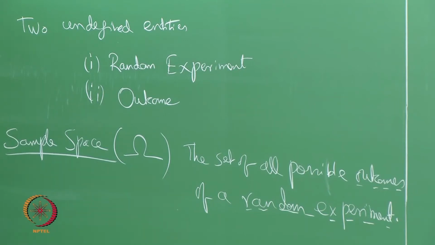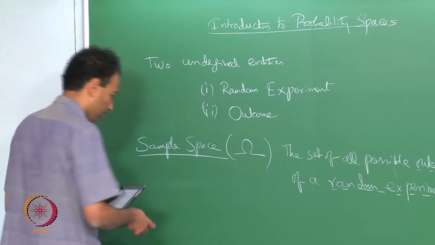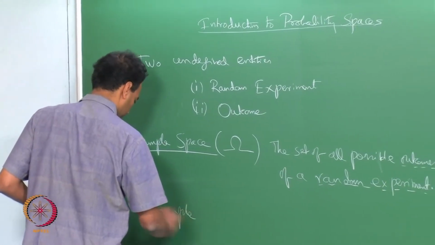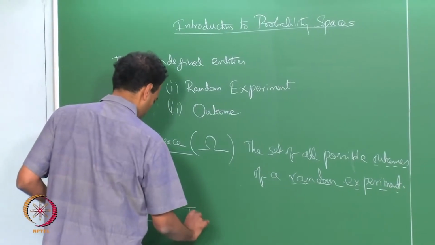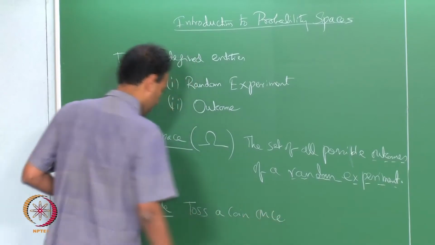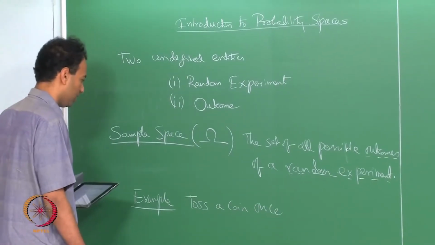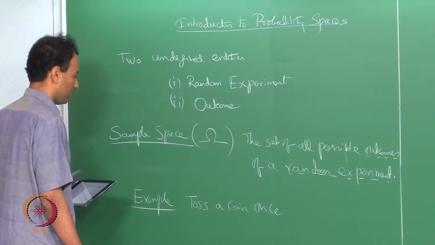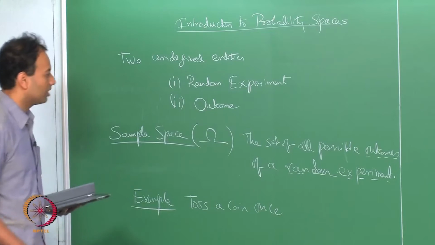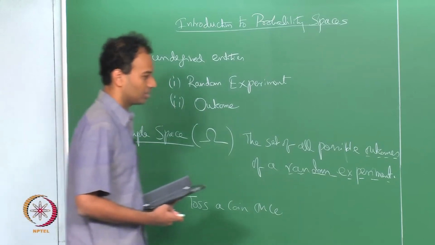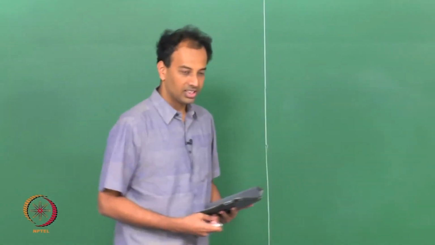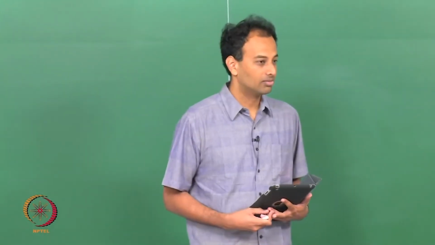Now, to give an example, let us say toss a coin once. Okay. So, here you want to know what the sample space is. The thing I want to emphasize here is that the sample space corresponding to a random experiment itself depends on what you are interested in.